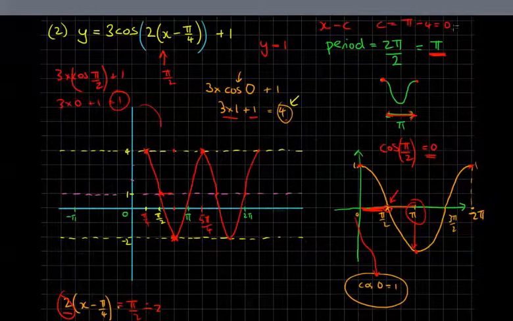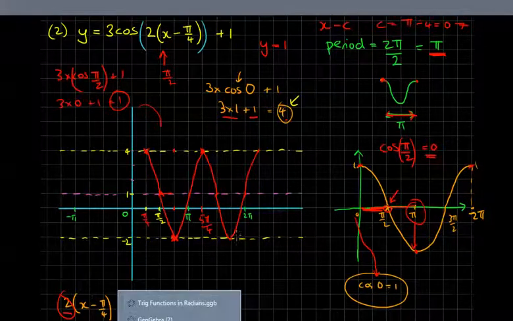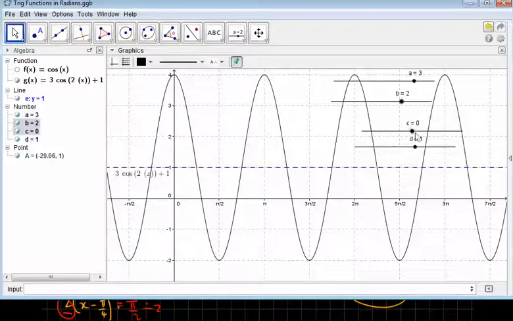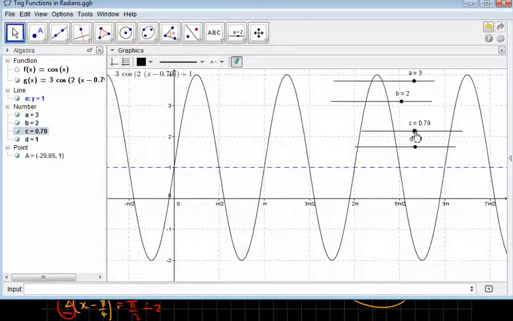Pi divided by 4 is decimal 0.79 or something like that. This is already set up into going into blocks of quarter of pi anyway, so we just need to change it to 0.79. Okay, let's just double check we've got it. So there's 3 cos bracket 2x take away 0.79 plus 1, and there you go.